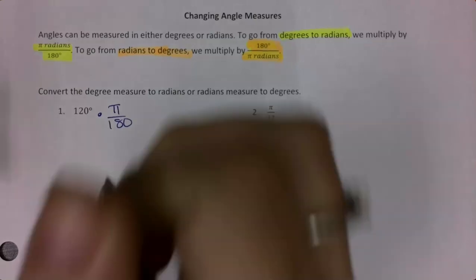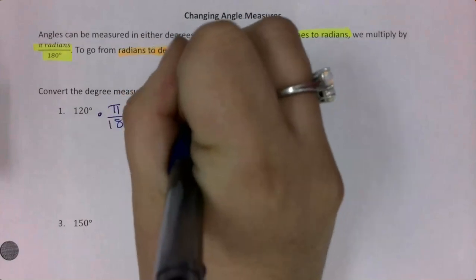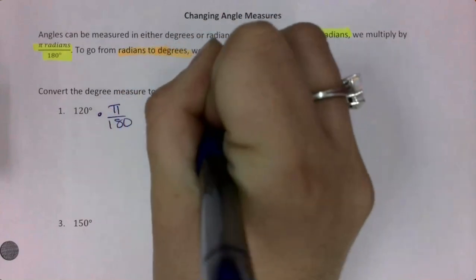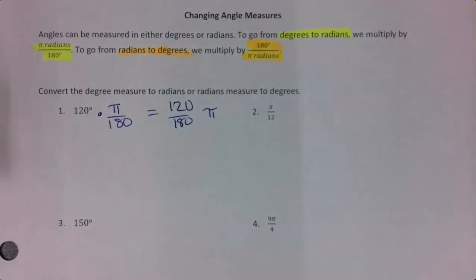Then I can rewrite this as 120 over 180 times pi. As I was saying, I want to rewrite it so it's like this fraction. Then what I can do is go ahead and simplify this fraction.